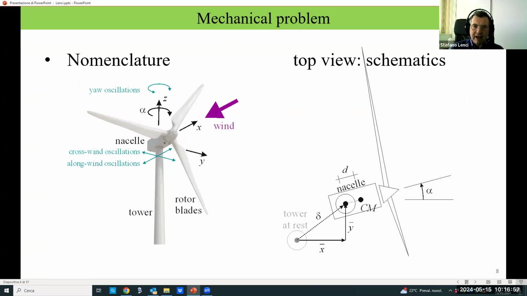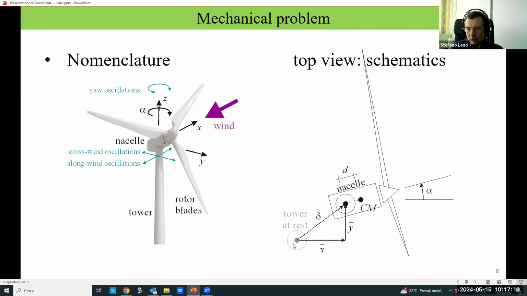It doesn't matter where it comes from. Let us name it wind just to fix the ideas. And we can have the crosswind oscillation, the one that can be excited because of this phenomenon I told you. And this direction we name as y. And here is a schematic sketch from the top.